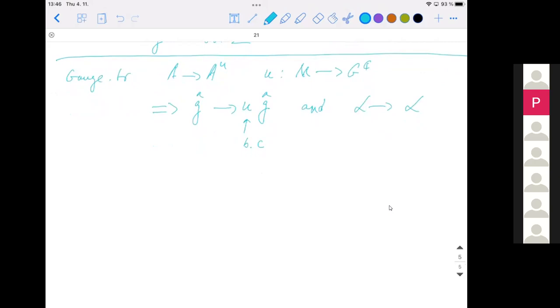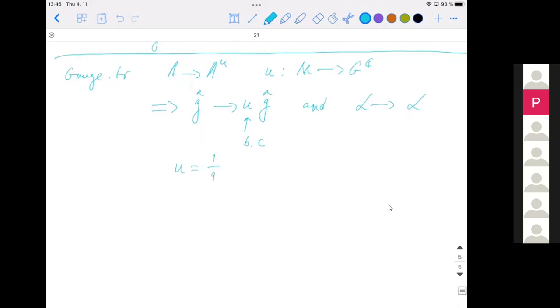Okay. So now we should say something about, let's say, well, then generally you can make the u to be 1 over z bar, and then you know that you can just get rid of all the gauge degrees of freedom, except for the boundary terms.